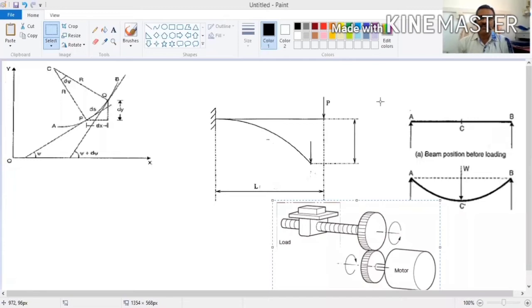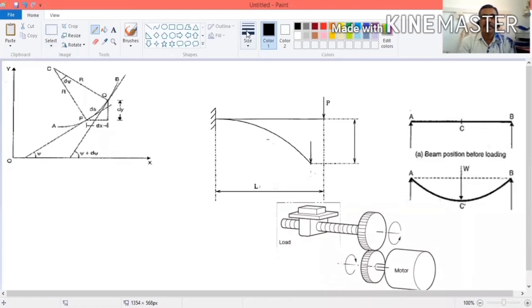Now our objective is to find slope and deflection. Take this beam. If you want to find the slope and deflection at this point, how do we find them? This is the deflection, y. How do we find the slope?